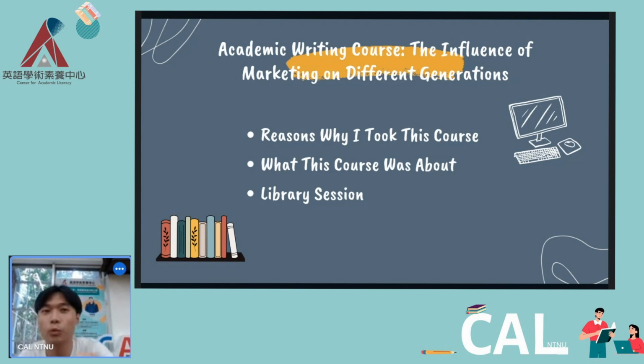So we watched that movie, and at the end of the class, we talked about what kind of marketing strategy was used in the movie, and how social media would send the public a lot of ads and commercials without them knowing.